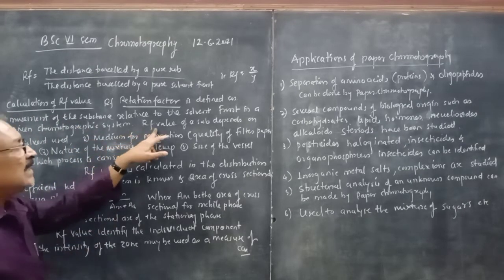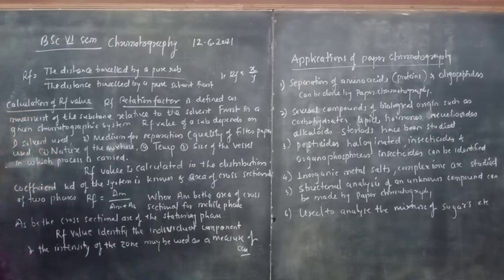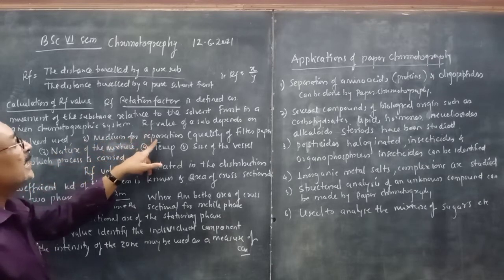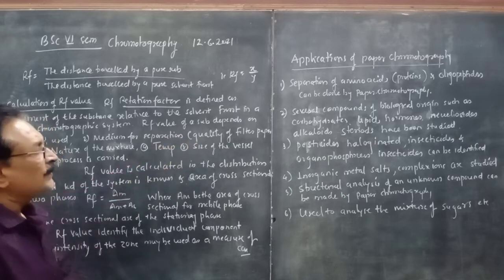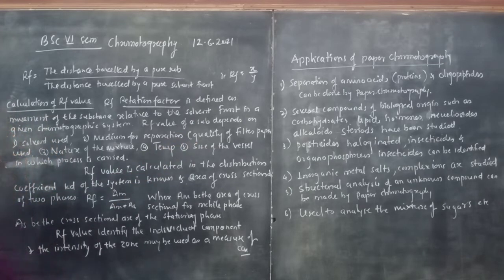The RF value depends on several factors. The first one is the solvent that is used. The second is the medium for separation, that is, the quality of the chromatographic filter paper that is used.